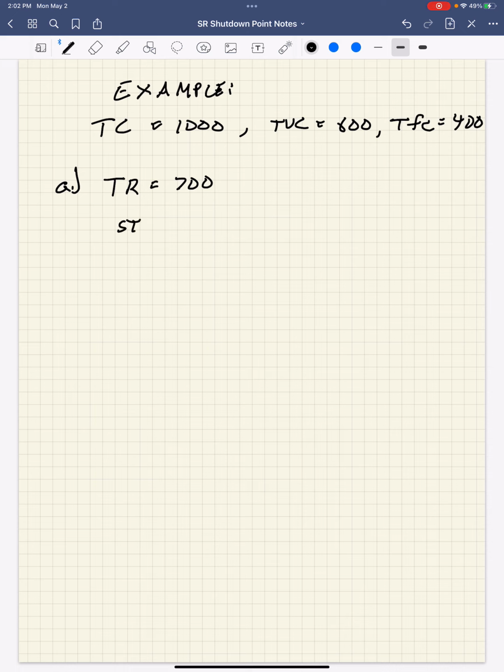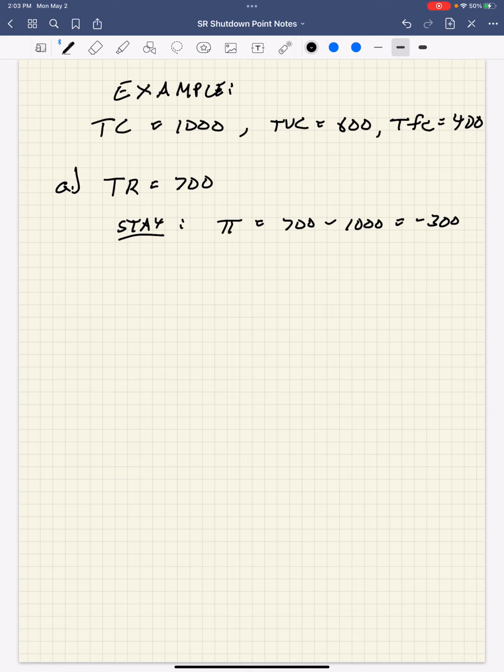So the firm can opt to stay in business, right? And if they do that, like we said, our profit here is going to be our revenue minus cost, 700 minus 1,000, or negative 300. But think about that in terms of the variable and the fixed costs, right?